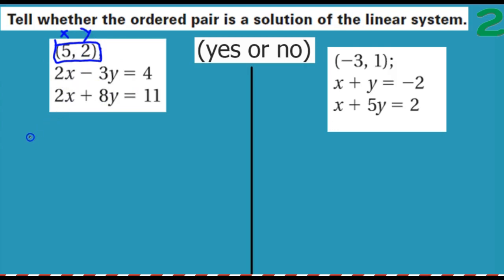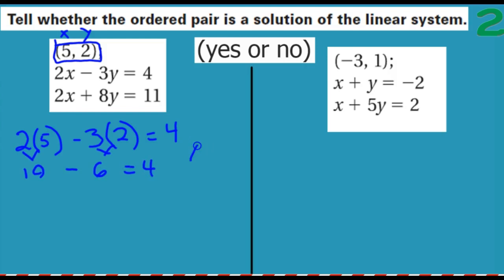So we start off with 2 times 5, minus 3 times 2, equals 4. We need to see if this works. 2 times 5 is 10, minus 3 times 2, which is 6. 10 minus 6 equals 4. So we know the first one works.